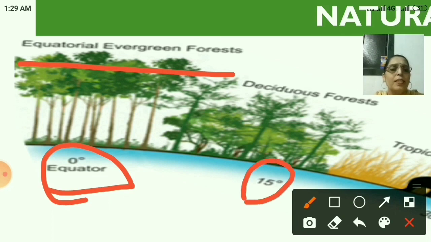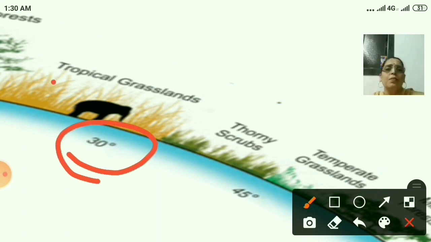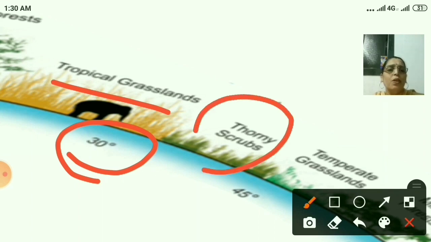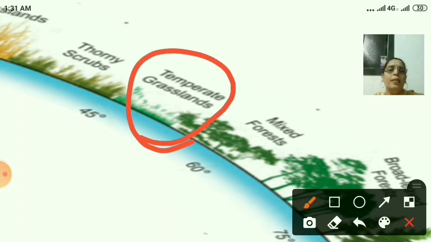On 15-degree you can see deciduous forest. Now the next is 30-degree. You can see tropical grasslands. Between 30-degree and 45-degree you can see thorny scrubs. Now students, between 45-degree and 60-degree you can see temperate grasslands.